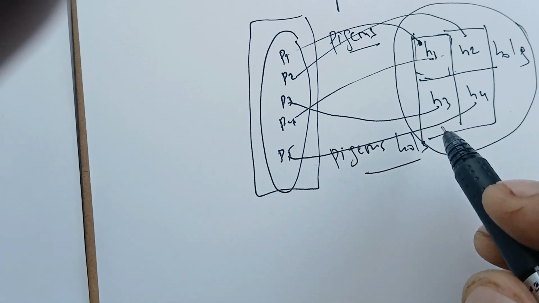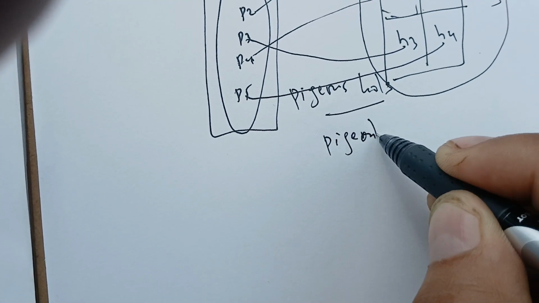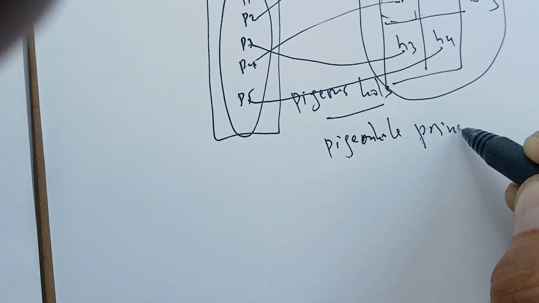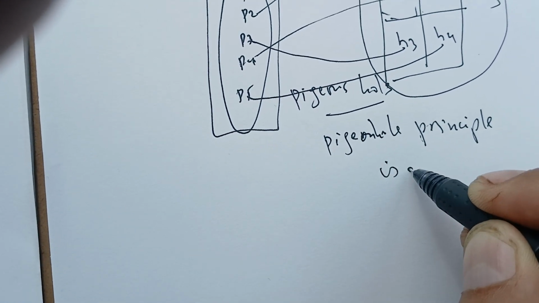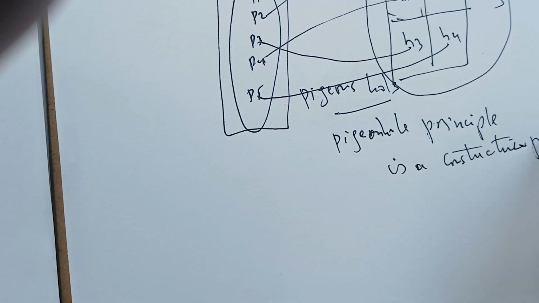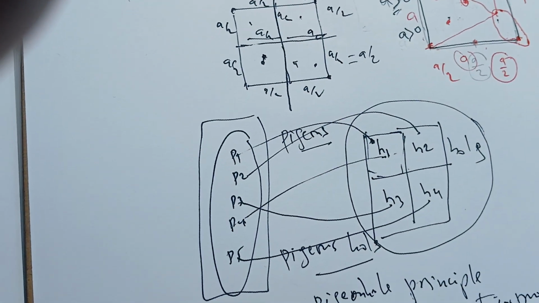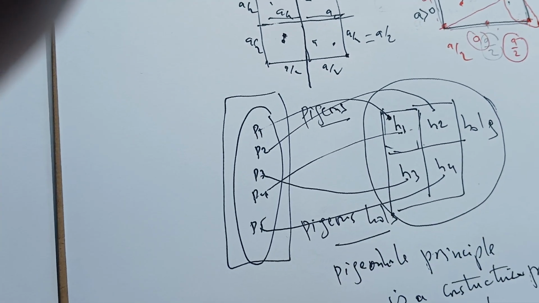So the pigeonhole principle is a constructive proof-based principle. That means you need to add something, you need to create something.